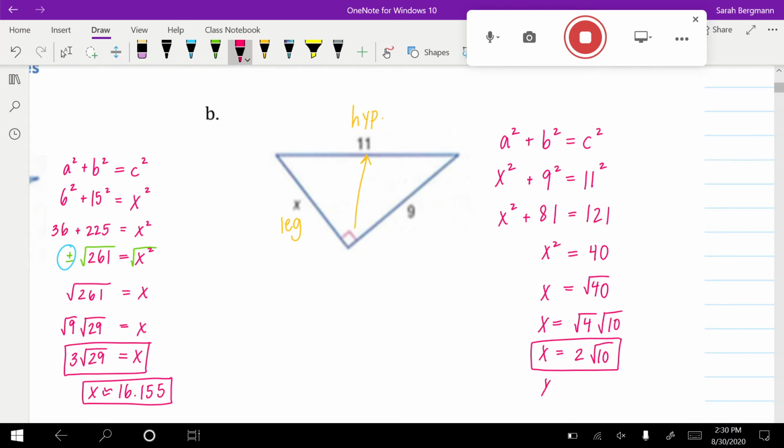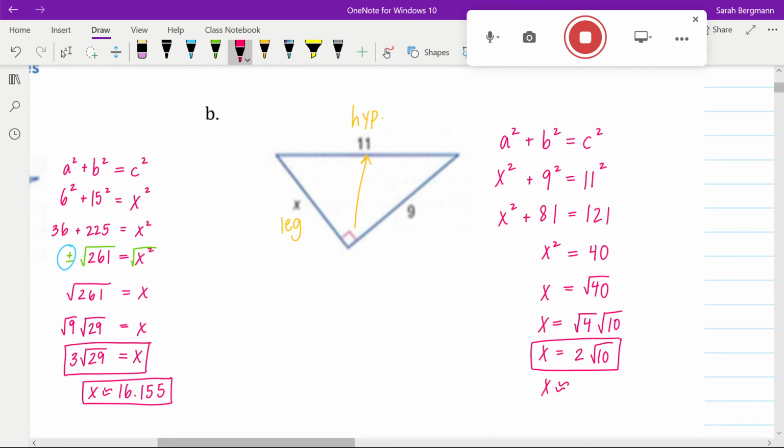If you wanted to find an approximate answer, you could plug in square root of 40 into your calculator. The square root of 40 is equal to 6.325. This is sometimes helpful because notice that the hypotenuse is always the longest side.